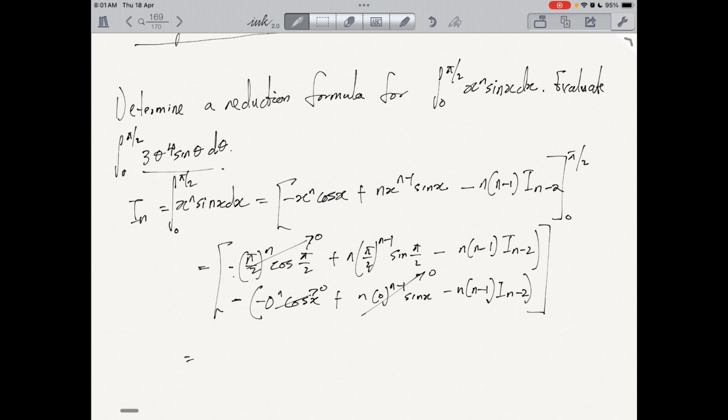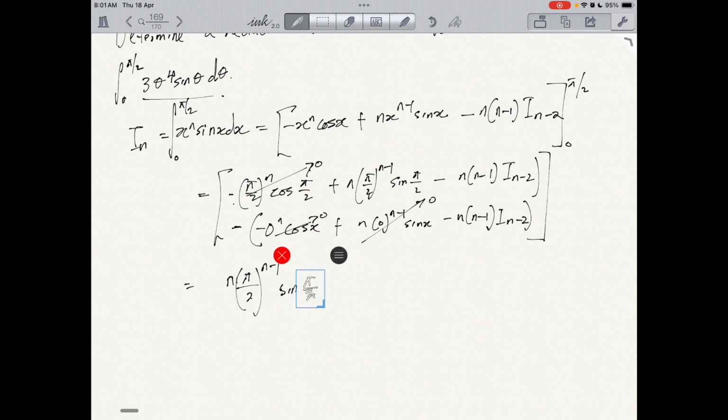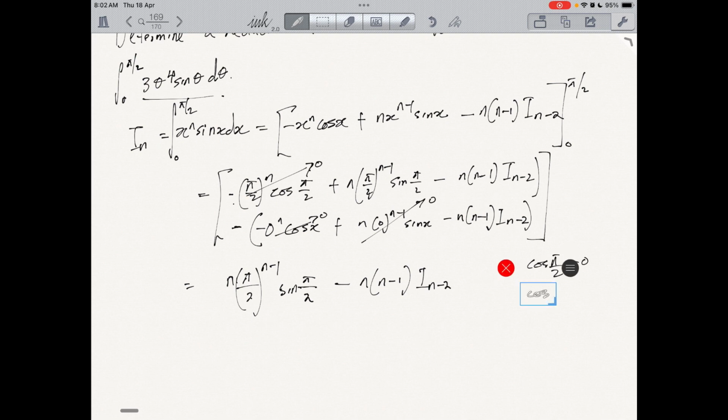Therefore, we'll be left with n pi over 2 raised to the power n minus 1 sine pi over 2 minus n into n minus 1 I n minus 2. Now, if cos pi over 2 is equal to 0, then sine pi over 2 is equal to 1.